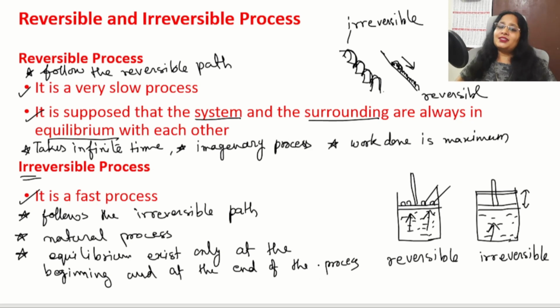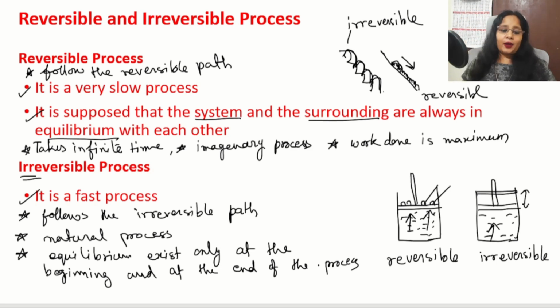Because it's a sudden process, in the starting the system is in equilibrium with the surrounding, then sudden change, and at the end of the process again the system and the surrounding are in equilibrium with each other. In between there is no equilibrium.